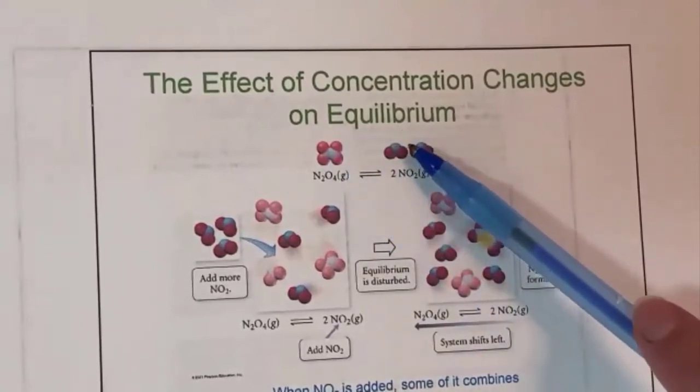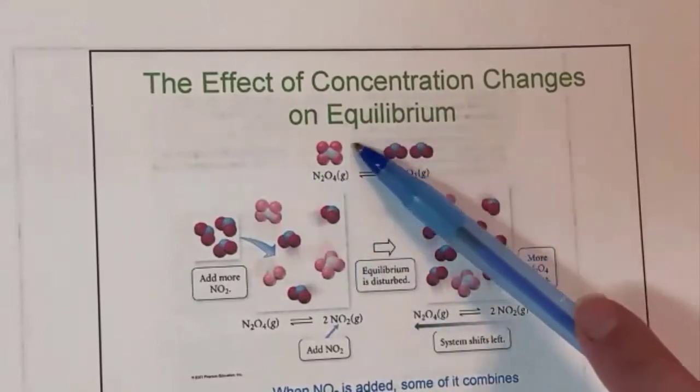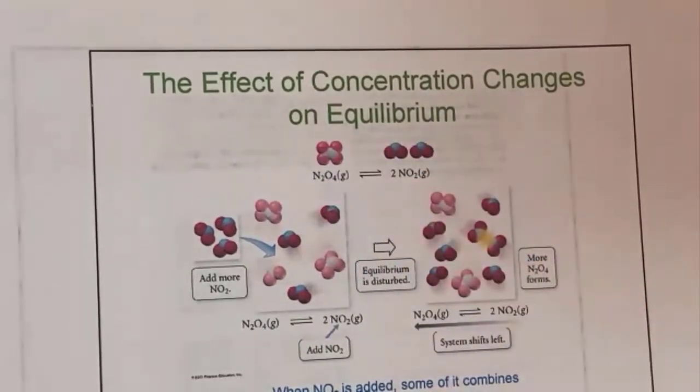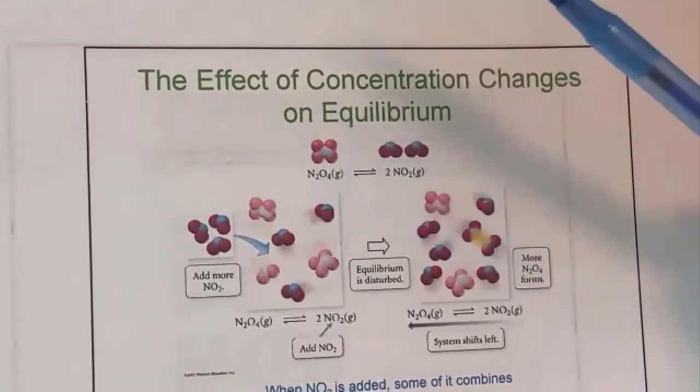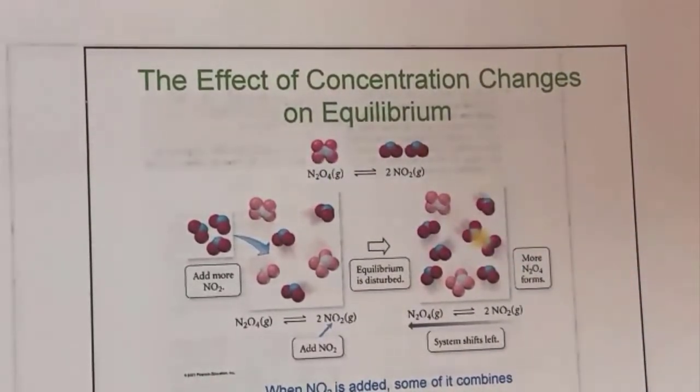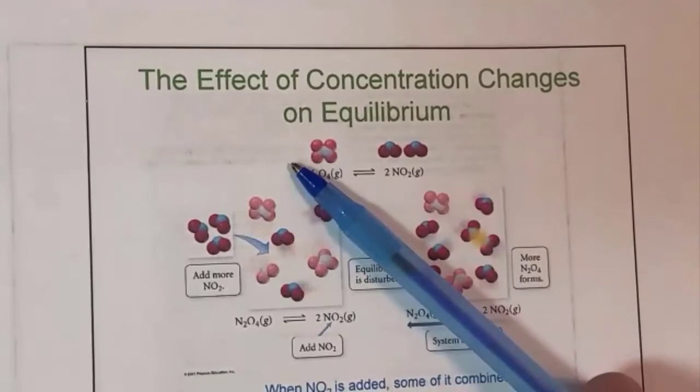It will reduce NO2 and make more N2O4. That means the reaction shifts to the left. Whenever you add something, it'll try to fix it by decreasing what you just added. So if you add NO2, it'll shift to the left because it's trying to decrease NO2, and when you decrease NO2, you get more N2O4.